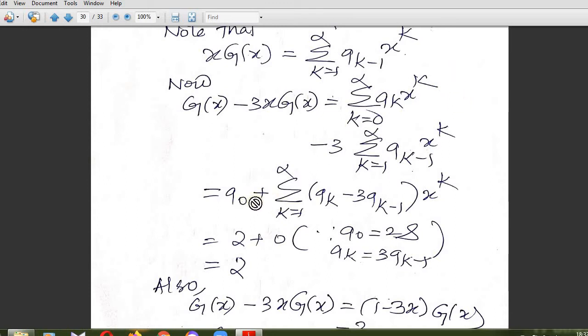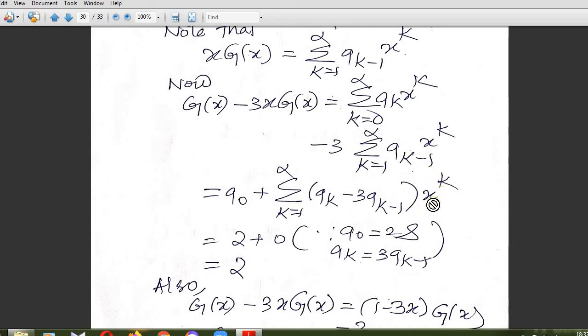And this and this become common, and you will get a_0 plus the summation for k from 1 to infinity of a_k minus 3 a_{k-1}, with x^k common.